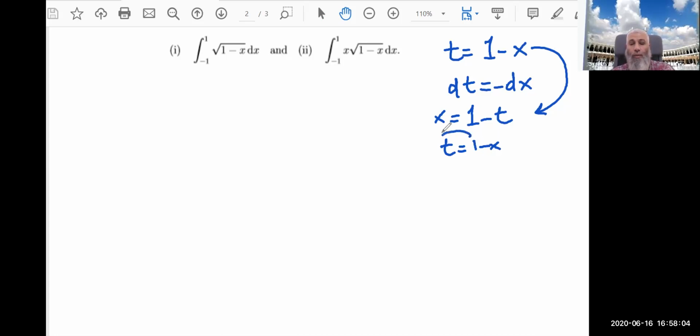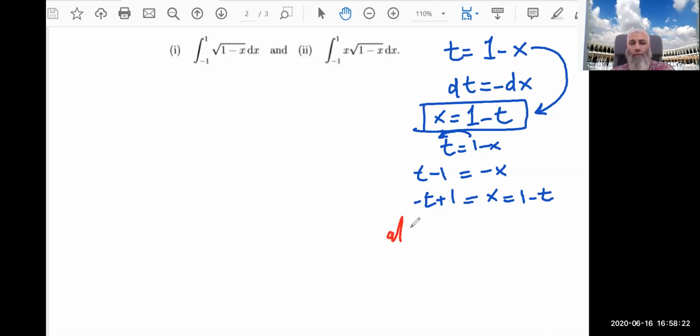When we take this to the other side, we have minus x equals t minus 1, so positive x equals minus t plus 1. So this is 1 minus t, which is here.